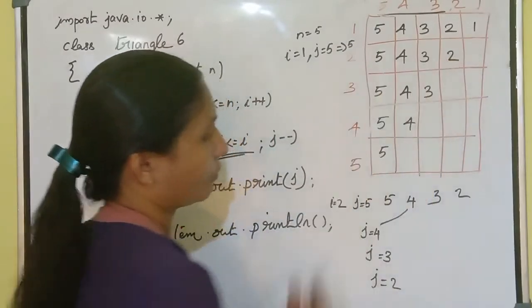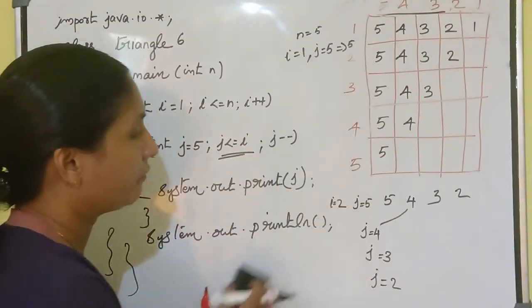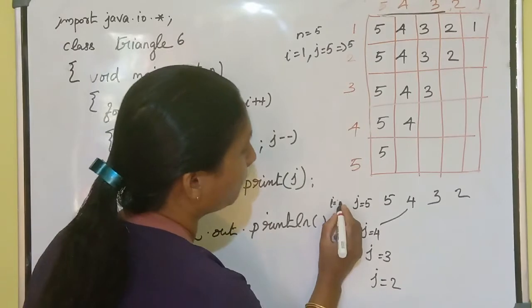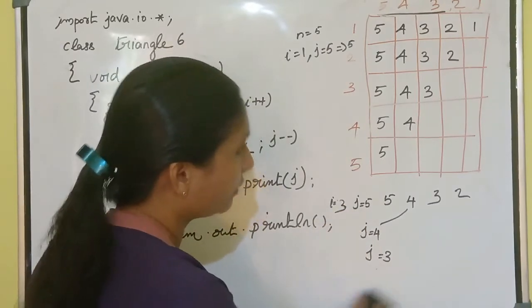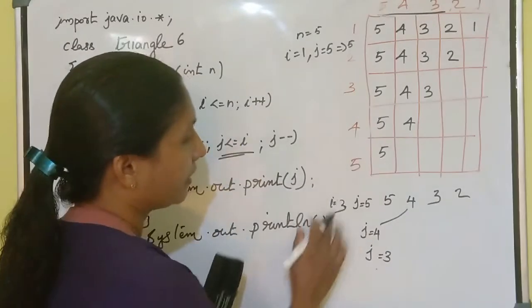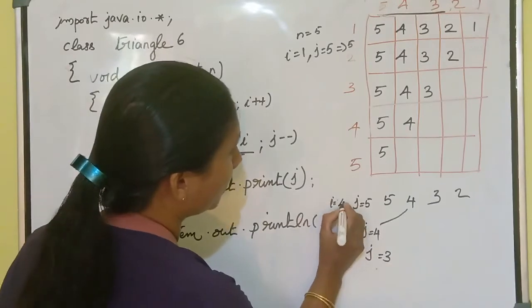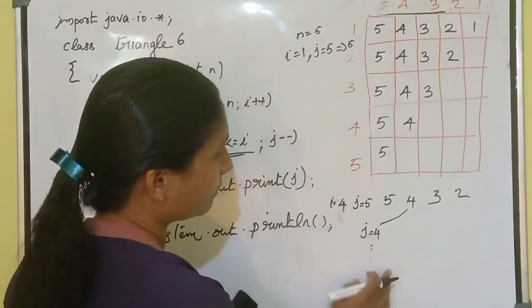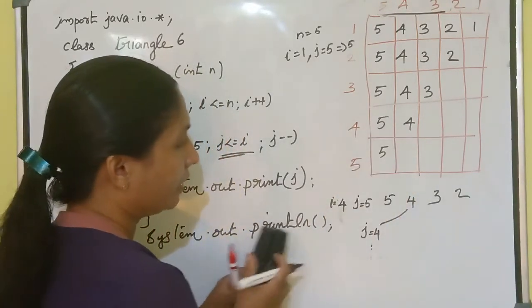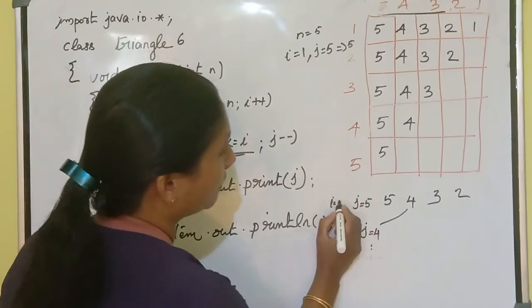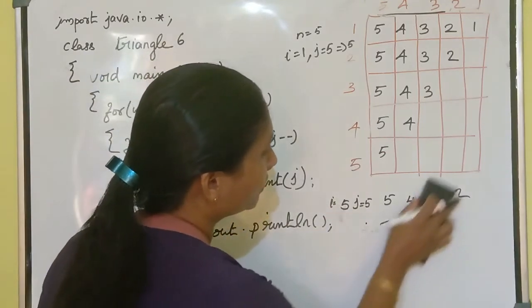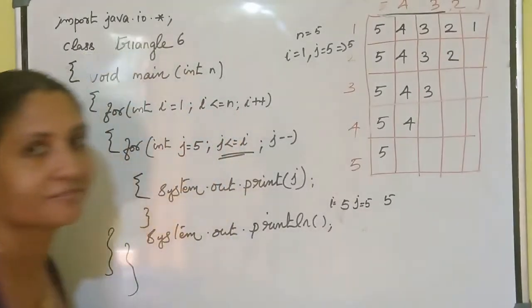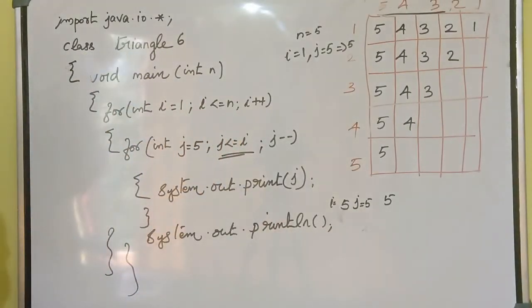That means this is the second row. And if it is 3, up to where it will be printed, here only. Then if it is 4, it will be printed this much only. If it is 5, only one column you will get. See, the last one, this much it will work.